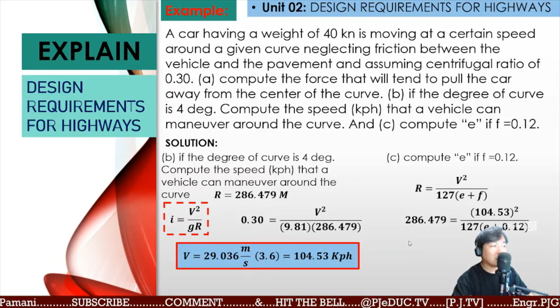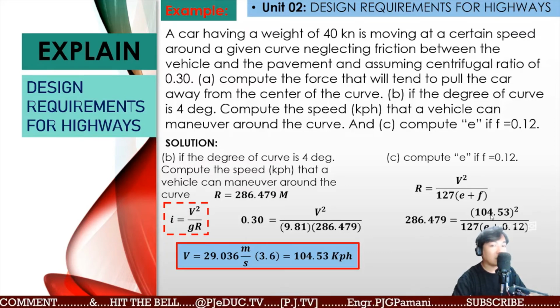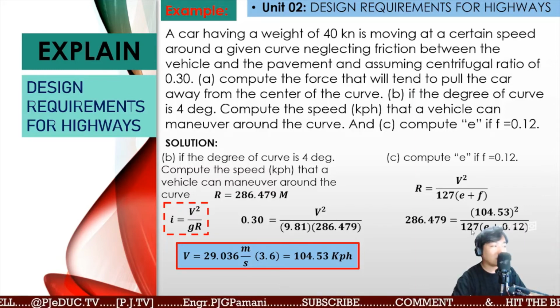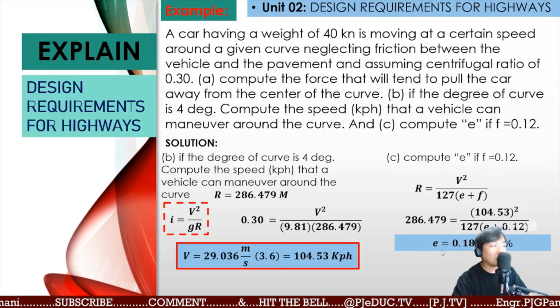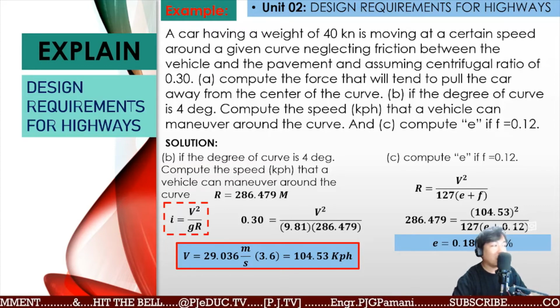And the velocity identified, or the design speed, is 104.53 kilometers per hour. Then squared, divided by 127 times E plus 0.12. Given yung friction na 0.12. Ano daw yung E natin? E should be 0.18 or 18%.